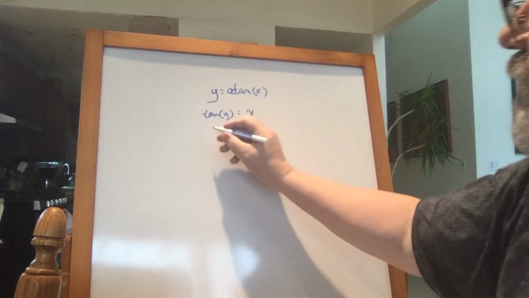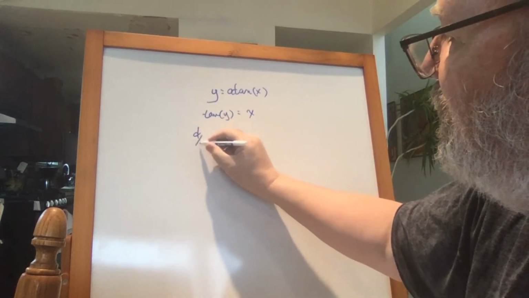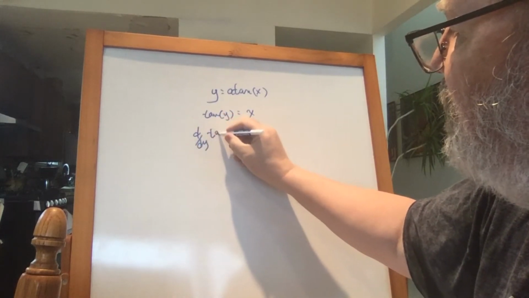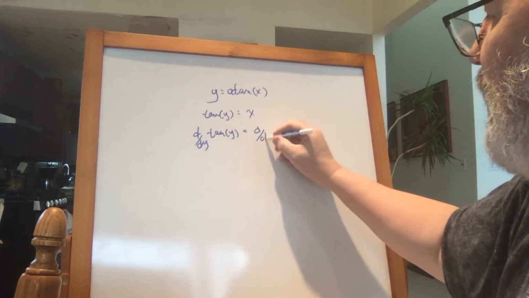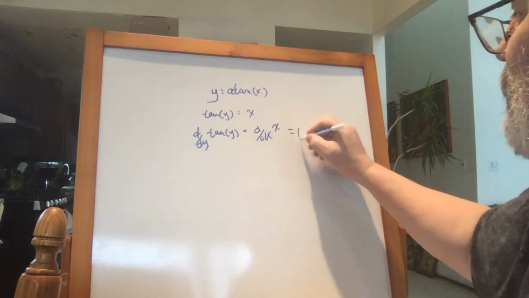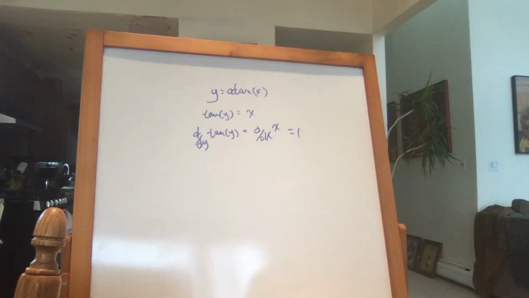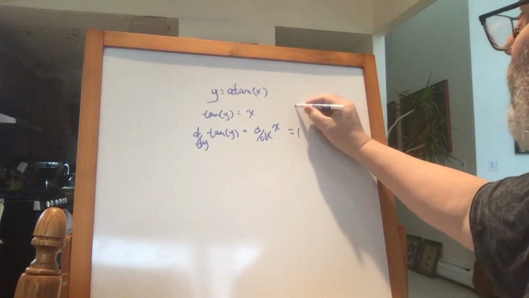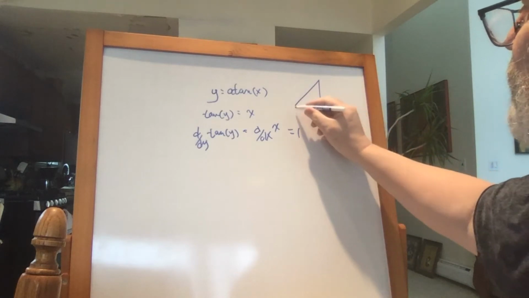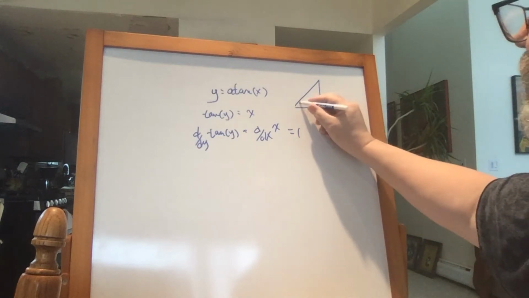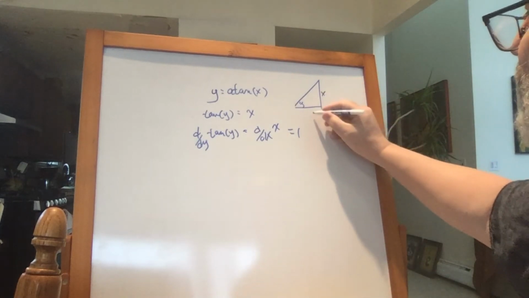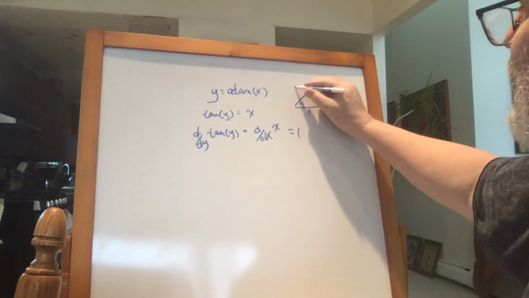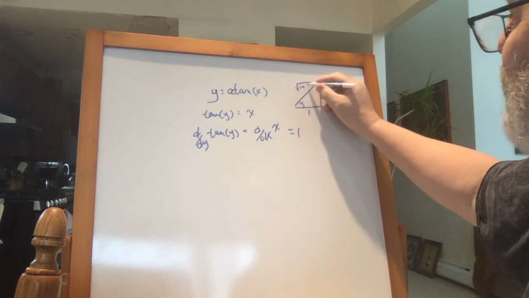And now you apply the chain rule, d dy of tangent y equals d dx of x equals 1. Now remember, this is our crucial step here. So we draw our right triangle, and we've got y, and tangent is x, so that's sine over the cosine, and this is the square root of 1 plus x squared.